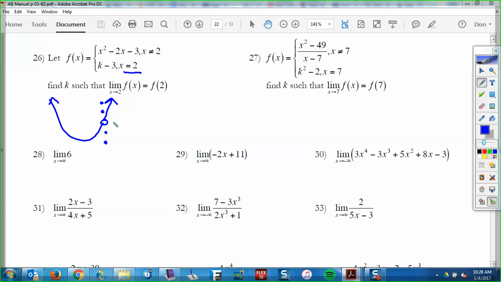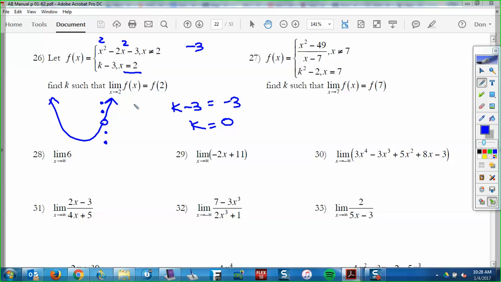Well, how would you find that y value? Put 2 into the parabola. Even though it says it's that when x isn't 2, we want it to be that also when x is 2. So we put a 2 in there, and we get negative 3, I think. So what we want is k minus 3 to equal negative 3, which means k would equal 0, right?